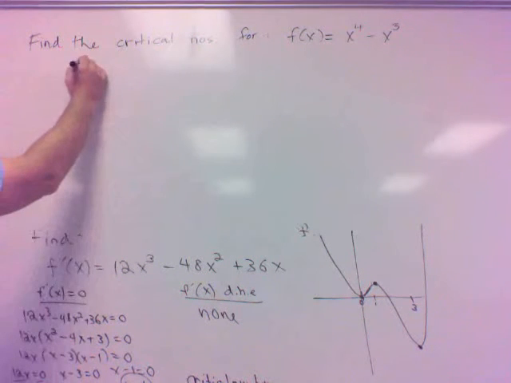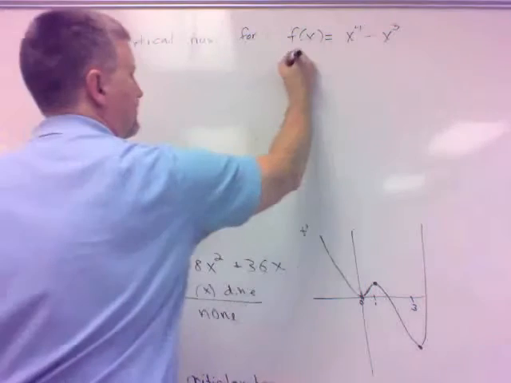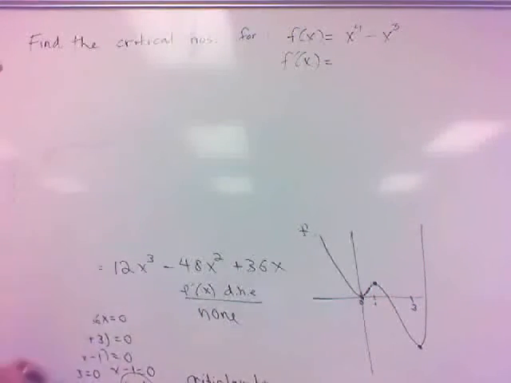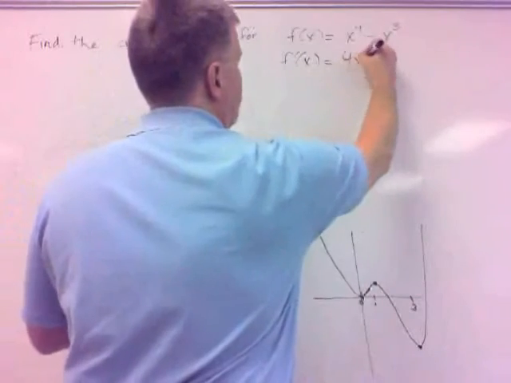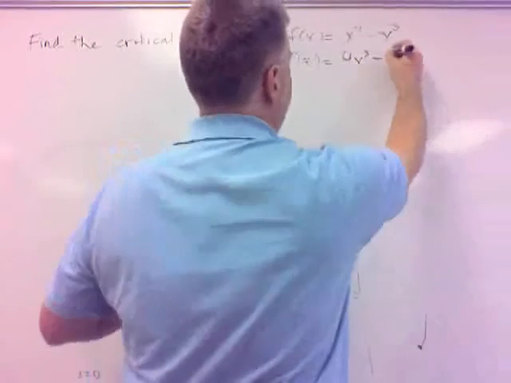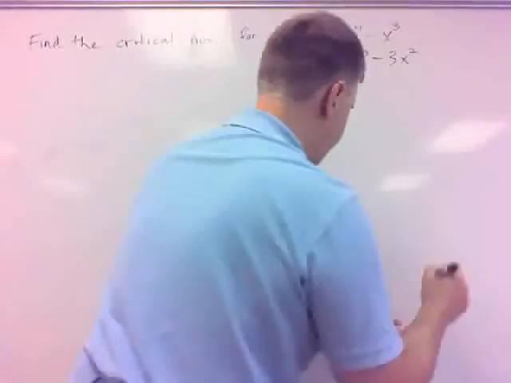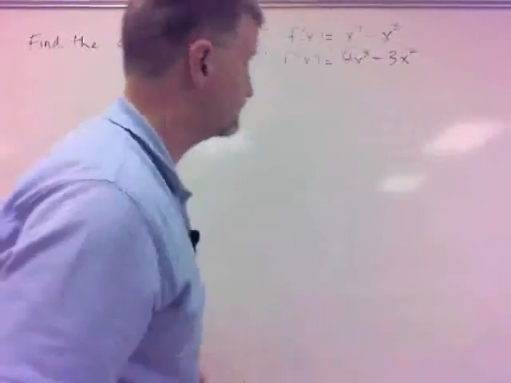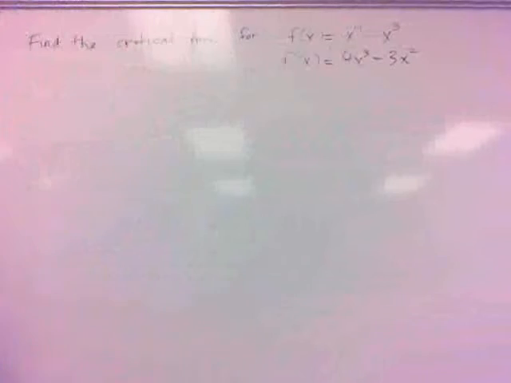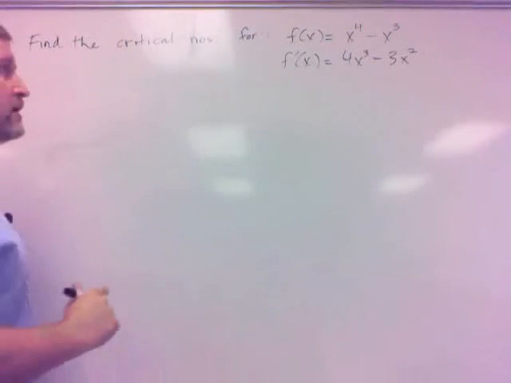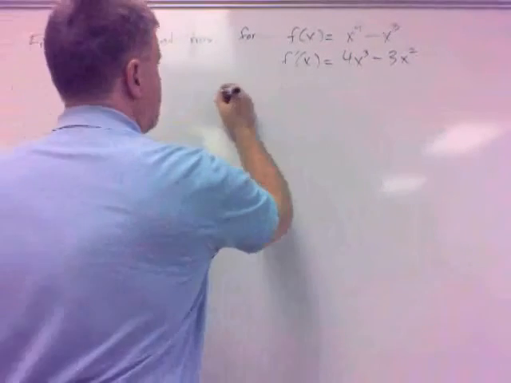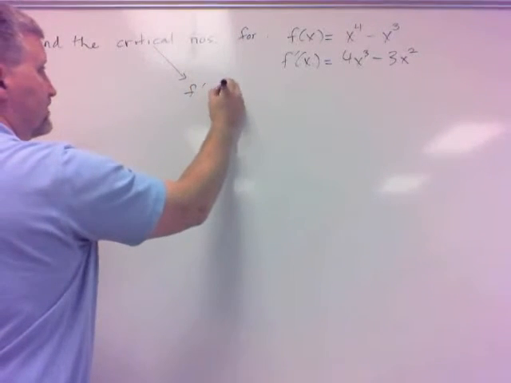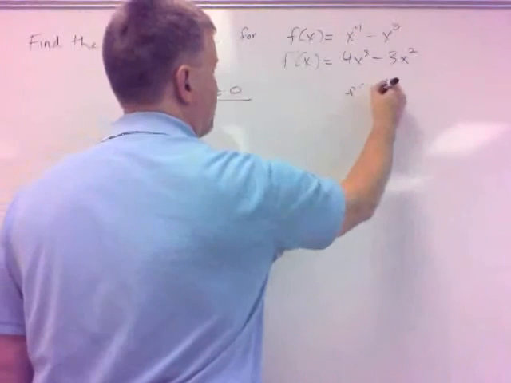All right. So again, critical numbers are based on the derivative. So the derivative of that is what? 4x cubed minus 3x squared. So for the critical numbers, I look at where the derivative equals 0 and where the derivative does not exist.